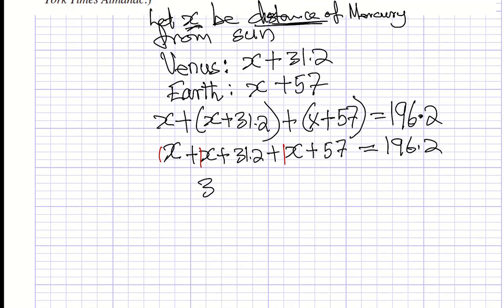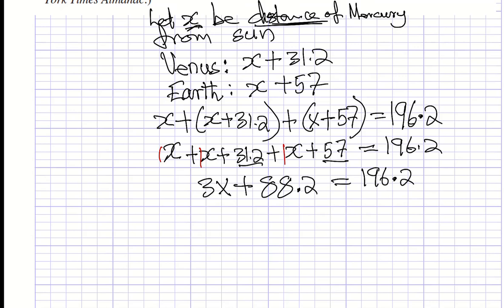So you got 3x plus, you combine this and that. What do you get when you combine those two? You're combining 57 plus 31.2. You can move it to the other side, but let's combine it before we move it. It will give you 88.2 equals 196.2.